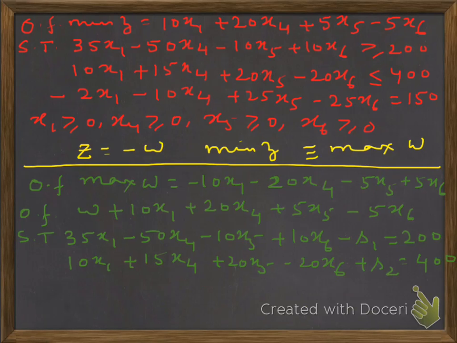The third constraint, that is minus 2x1 minus 10x4 plus 25x5 minus 25x6, anyway is equal to 150, and x1 greater than equal to 0, x4 greater than equal to 0, x5 greater than equal to 0, and x6 greater than equal to 0.